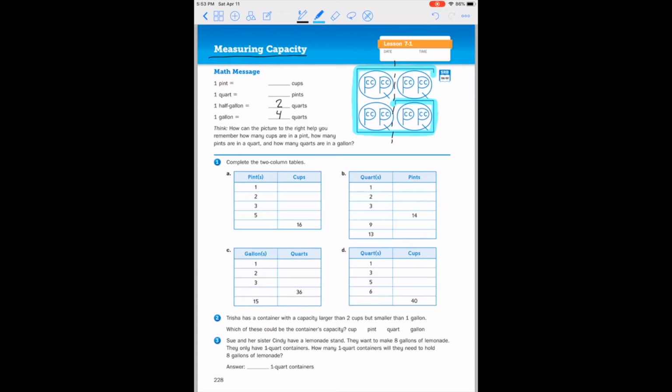Inside every quart, every Q, there's 2 pints, because there's 2 P's. And inside every pint, there's 2 cups. Okay, so we're going to use that knowledge and this organizer, this little graphic, to help us complete the 2 column tables below for number 1.